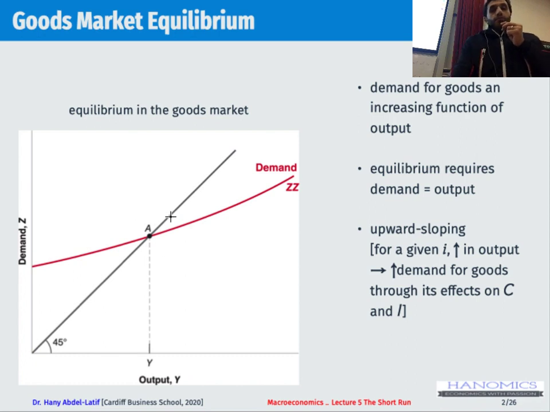So the only point where both are equal is the intersection point, point A, because point A exists in both the 45-degree line and the aggregate demand curve. This is an upward sloping curve because for a given level of interest rate, if there's an increase in output, that means an increase in demand for goods, and this happened because of the effect on consumption and investment.